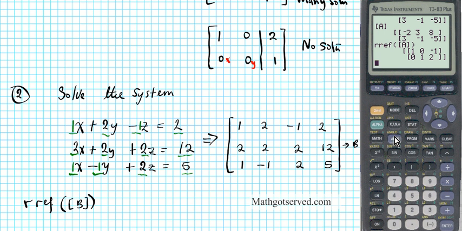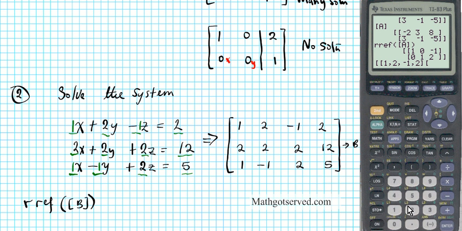I'm going to enter this matrix row by row as I did before. Open the entire matrix. We're going to do row 1: 1, comma 2, comma -1, comma 2. Close the first row.